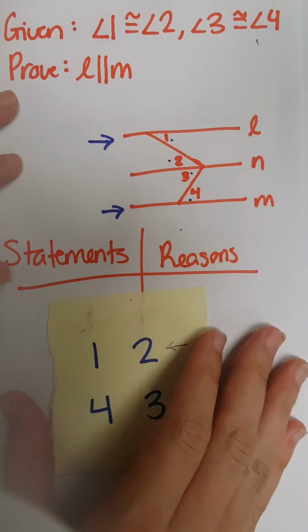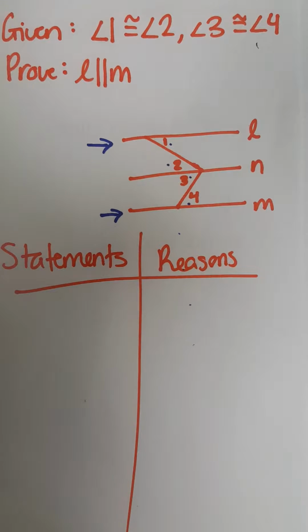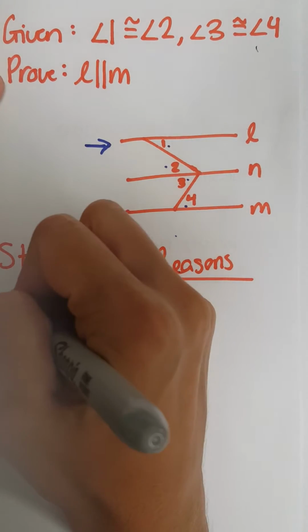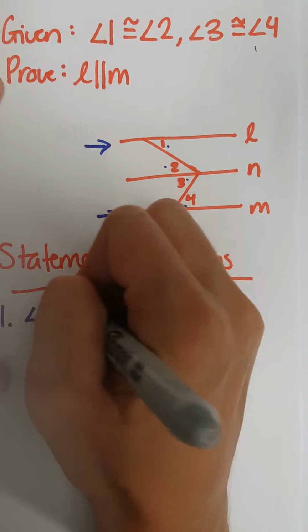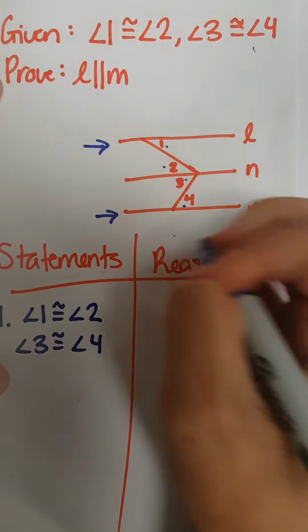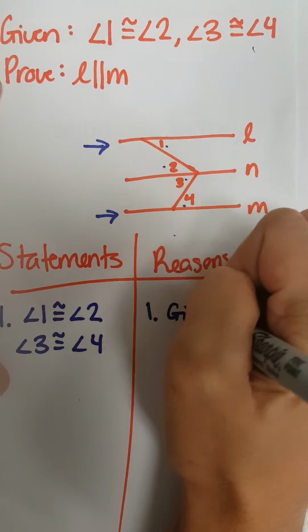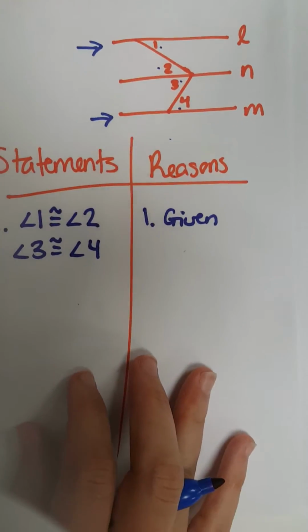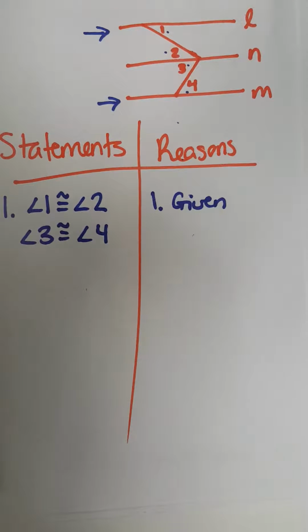Okay, so you should have paused the video and tried it on your own. Here we go. Obviously, we're going to say angle 1 is congruent to angle 2, angle 3 is congruent to angle 4. That is given. Do I have transitive property here with that information? No, I don't. So then I look at what else I can do.